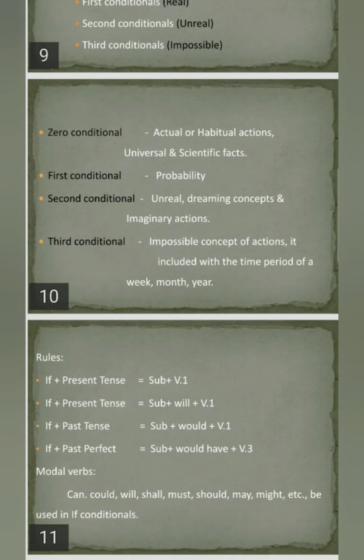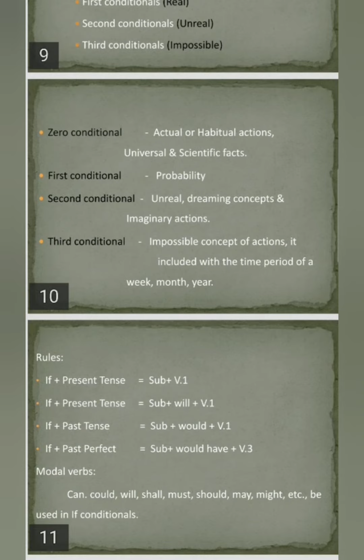So what are all the rules we have? First, if plus present tense in the subordinate clause, you must use subject plus verb 1 in the main clause in zero conditional, right? Second, if plus present tense in the subordinate clause, you have to use subject plus will plus verb 1.